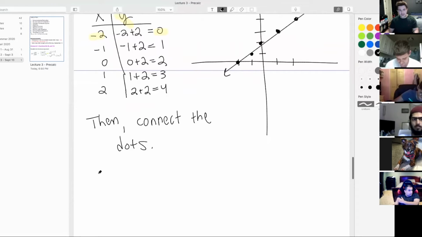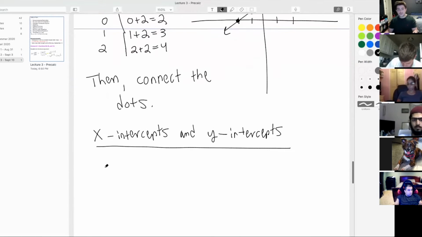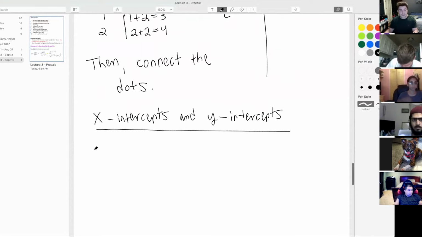Now let's talk about some important things called x-intercepts and y-intercepts. Let's talk about these quickly. These will come in the form of a definition. DEF, just recall, means I'm going to write a definition next. So let's define these words.